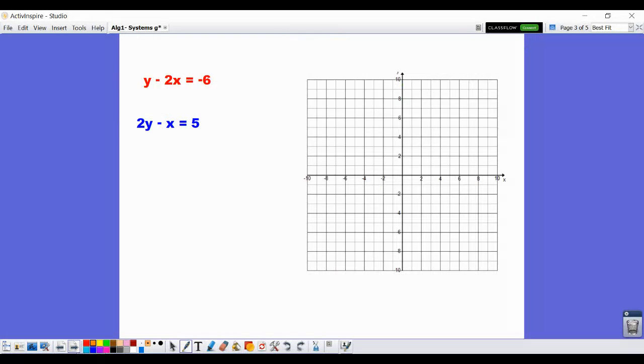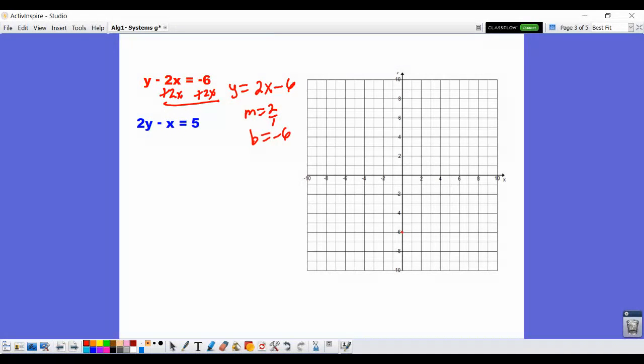All right, let's take a look at this one. Take a minute, hit pause, and go ahead and solve for y. All right, so I know that to solve for y on this one, I'm just going to have to add my 2x. So y equals 2x minus 6. That gives me a slope of 2 over 1 and a b of negative 6.